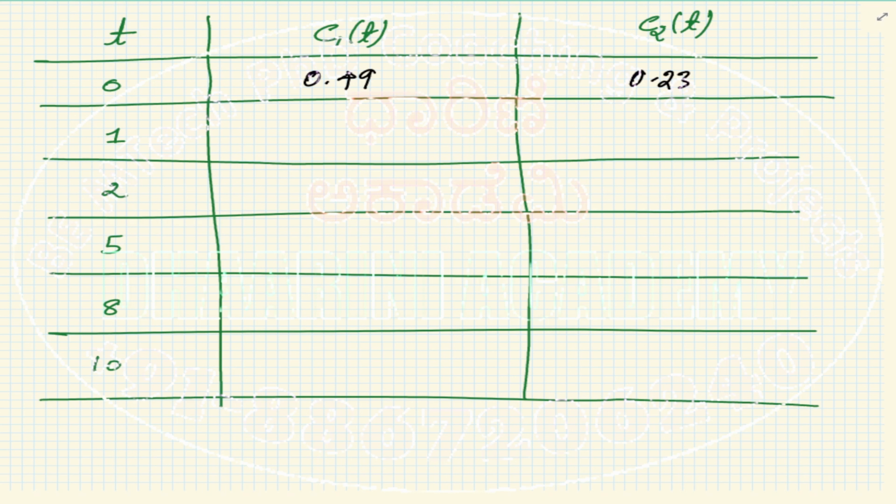Correct. If the coefficient is 1 by 4, it's 1 by 4 into 1. That remains the same for every value of t.